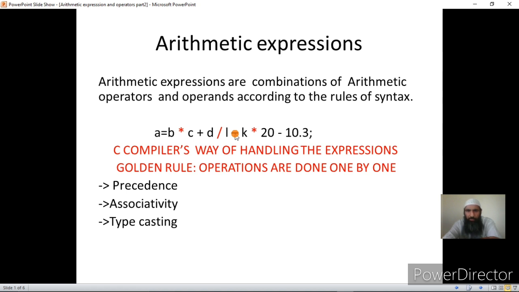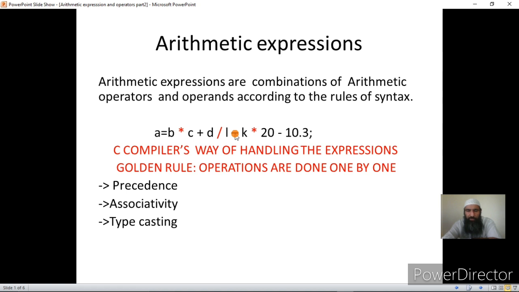Now how do we know which operation is to be done first? For that we have a rule called precedence, which we have already studied. Every operator has a precedence, and depending upon the precedence of the operator, that operation will be performed first.